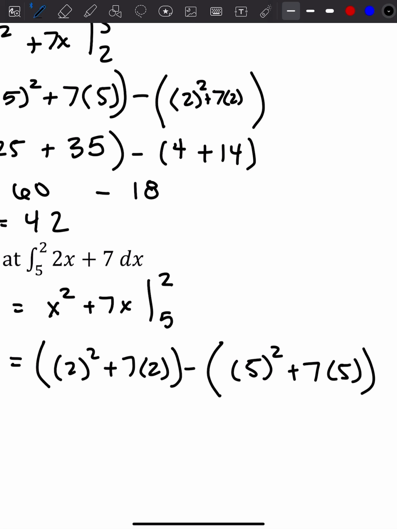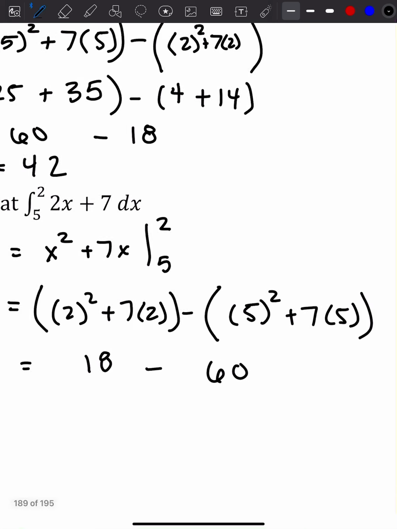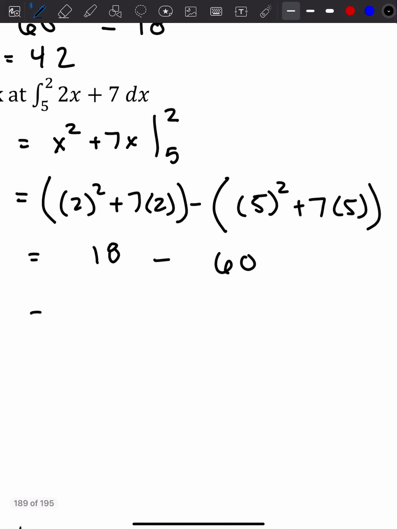And then I simplify. I have 2 squared plus 7 times 2 again, so I know that's going to simplify to 18. On the other hand, I know 5 squared plus 7 times 5 is going to simplify to 60. 18 minus 60 happens to be negative 42. And if we did this a couple more times, you're going to notice the same thing happens. We have these flipped signs.